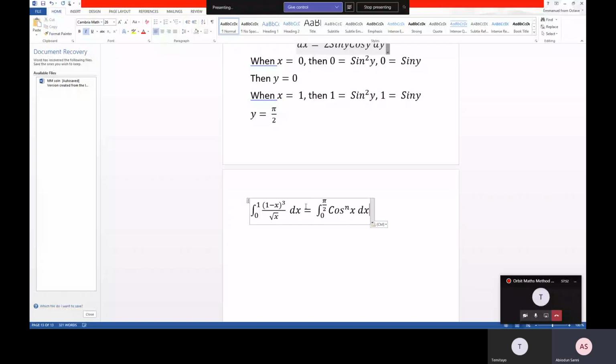Okay, that's brilliant. So moving on. Just see, 1 minus sin square y is cos squared y. So I'll just replace this with cos squared y.